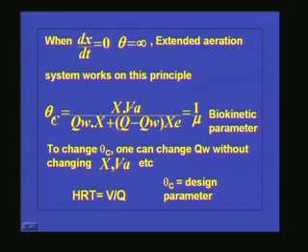So if you want to find out the theta C of an activated sludge unit, we can find out like this, that is X into Va. This will give you the total biomass present in the system, that means in the aeration tank.